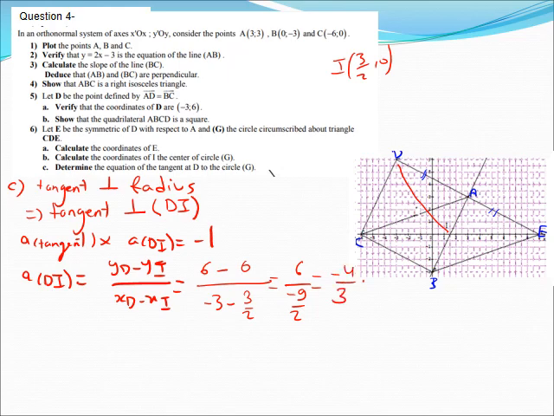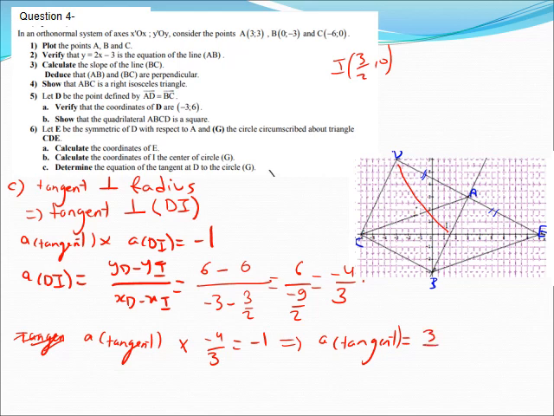Okay, so the equation is the slope of tangent times -4 over 3 equals -1. So the slope of tangent equals 3 over 4.